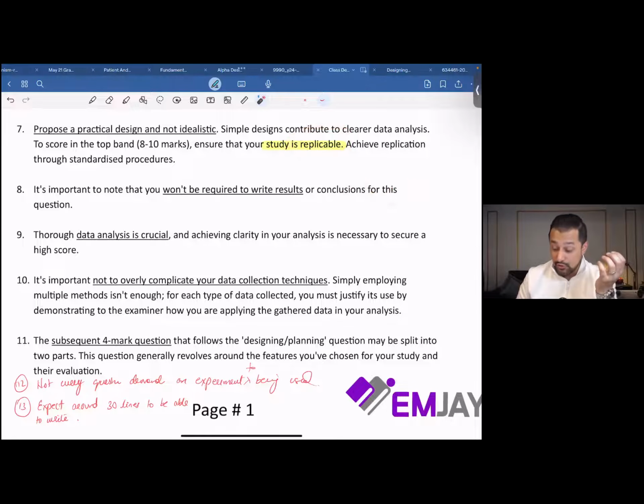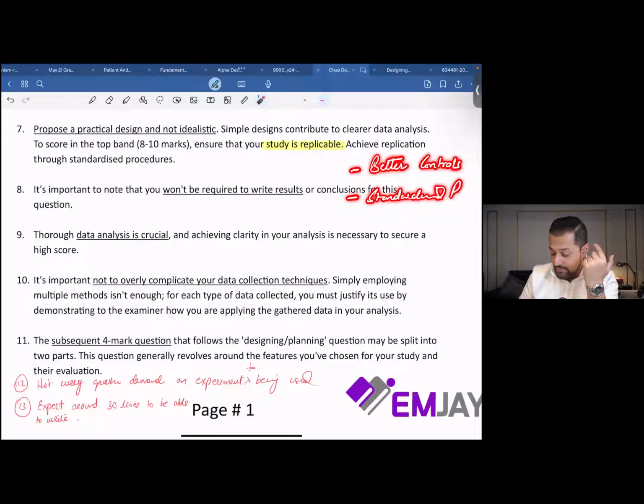And how do you make your research replicable? You'd be able to make your research replicable by using standardized procedures. Now, how is it that you'd make your study standardized? You'd be able to make your study standardized by having better controls. I just quickly do this, I do not want to get carried away. So better controls lead to standardized procedures.